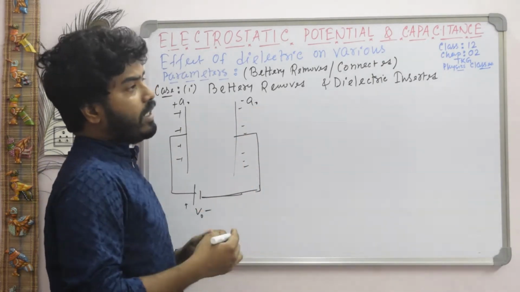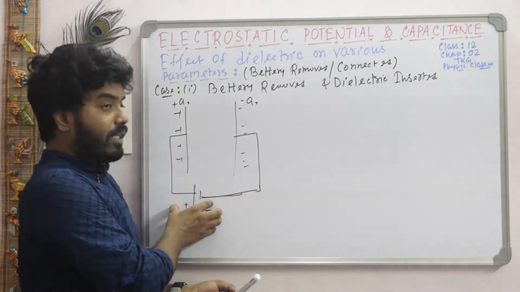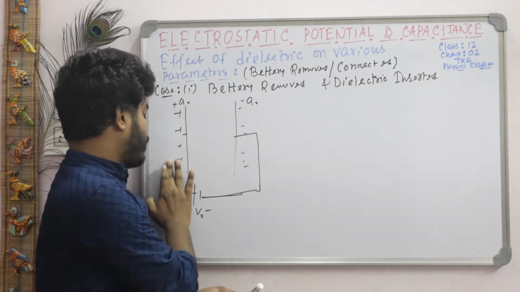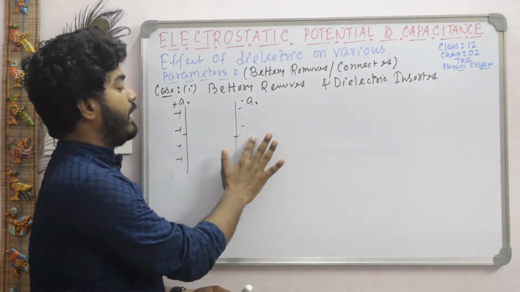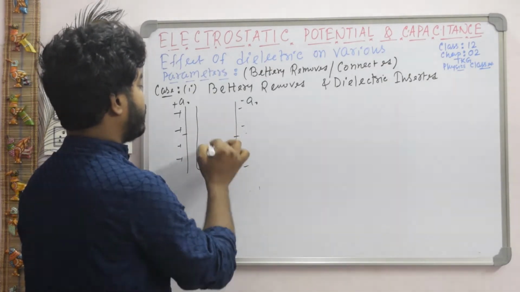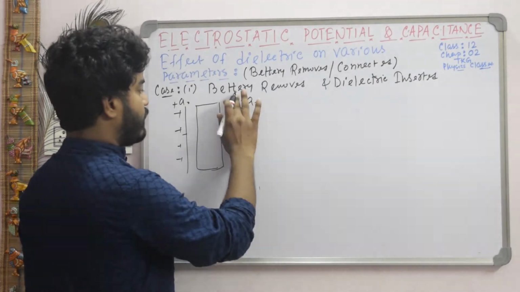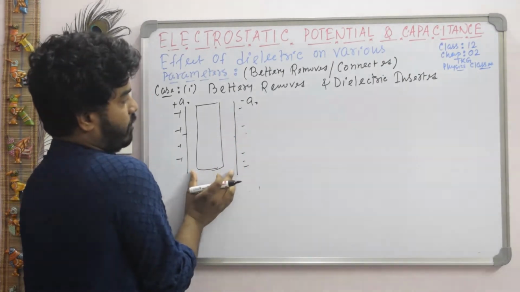Now the question is, this potential is removed. Remove it, this potential is removed, and a dielectric slab is inserted between these parallel plates, this total separation obviously.